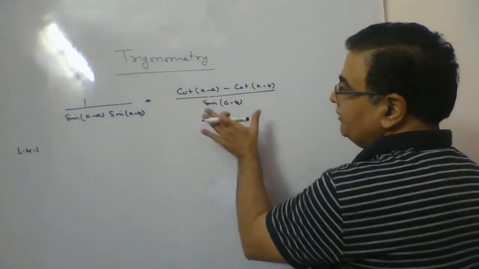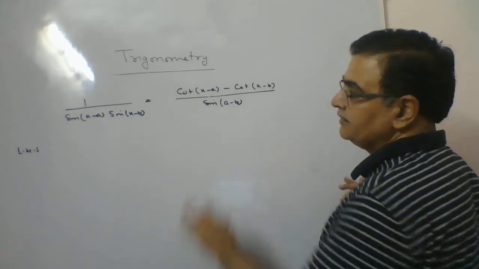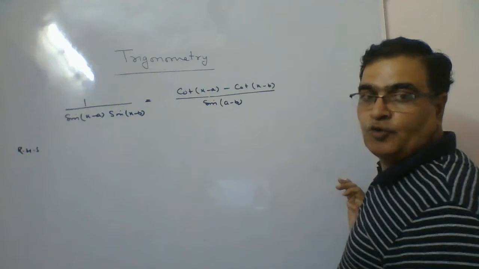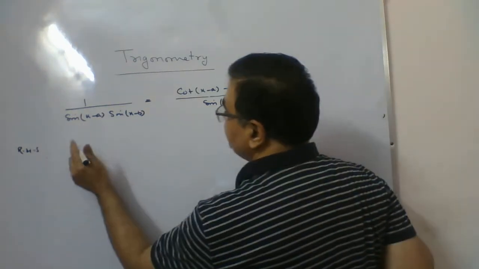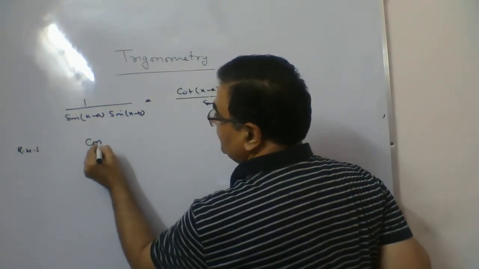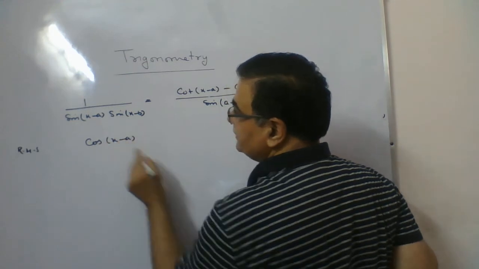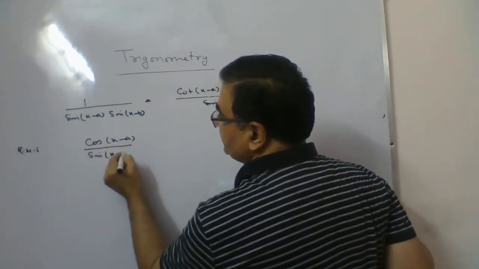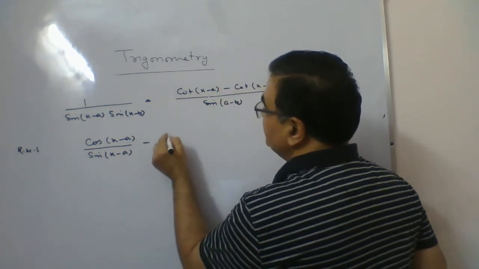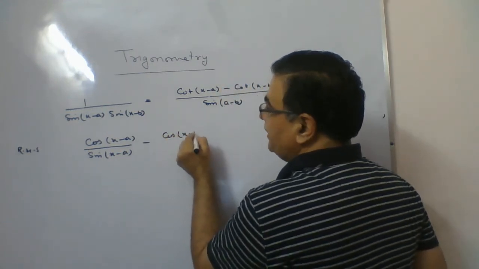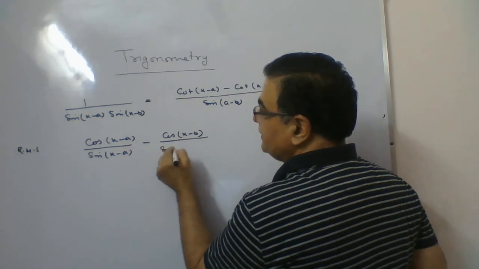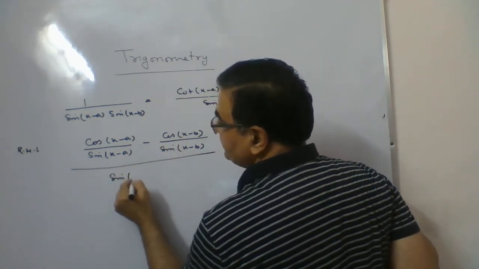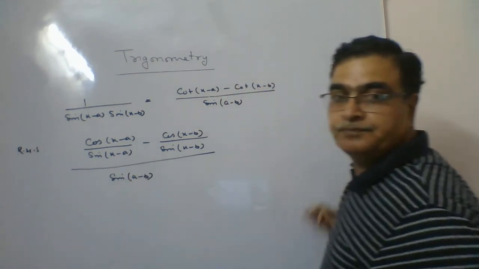First I'm going by the right hand side and then we go for the left hand side. Right hand side, when you start, this will come out to be cos of (x minus a) by sine of (x minus a) minus cos of (x minus b) by sine of (x minus b), whole divided by sine (a minus b).